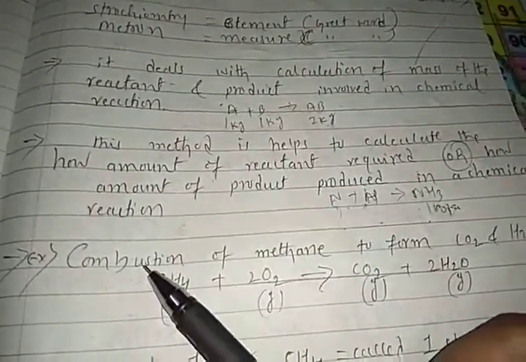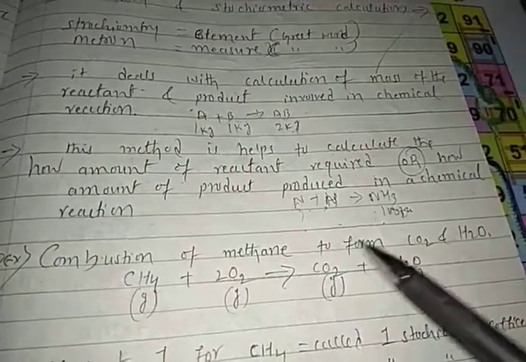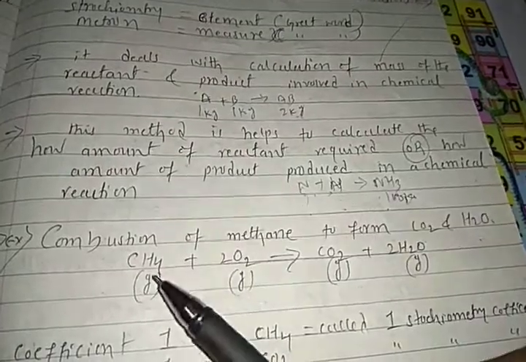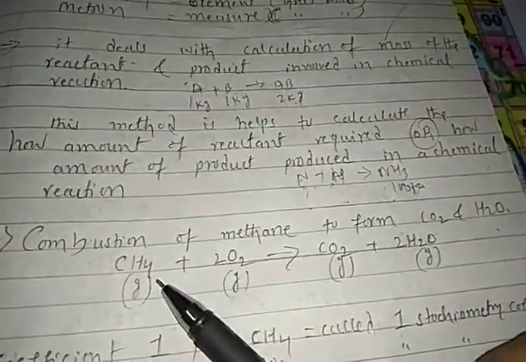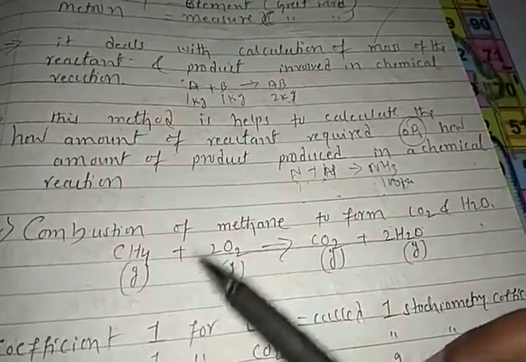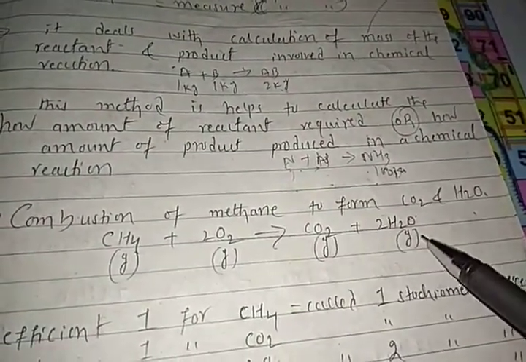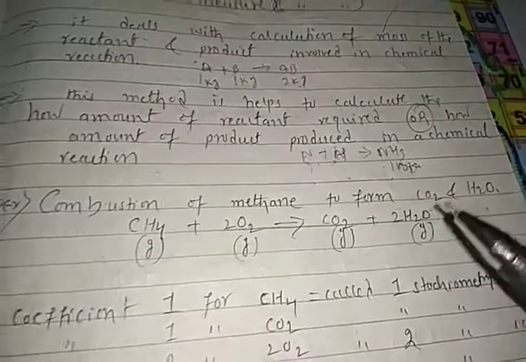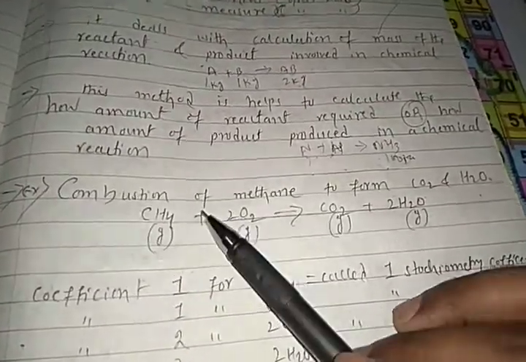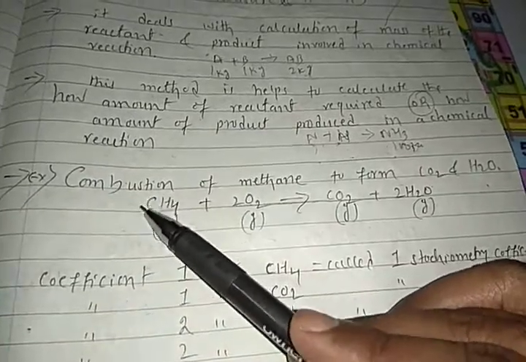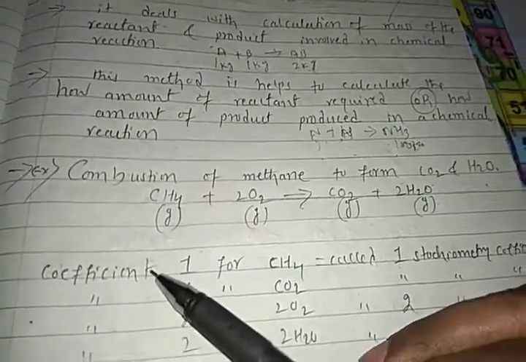For example, the combustion of methane to form carbon dioxide and water. CH4 is methane, which is burned in the presence of oxygen to form carbon dioxide and water molecules, students. Here we write how many moles: 1 mole, so the coefficient is 1.